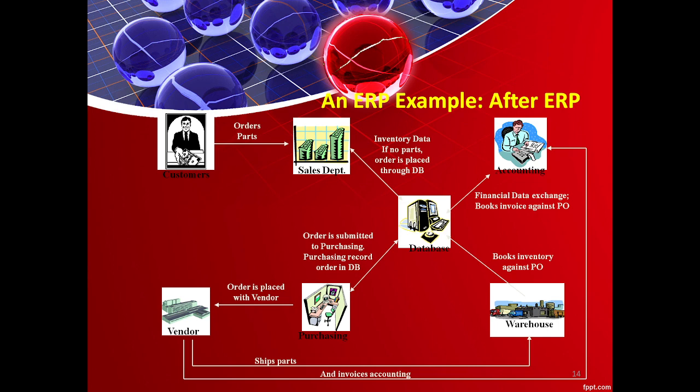This purchasing department is also associated with the database, which supplies the information to the central database. From the central database, the order is submitted to purchasing, and purchasing records orders in the database, which ultimately goes to the accounting department, where bills and invoices are received against the purchase order.